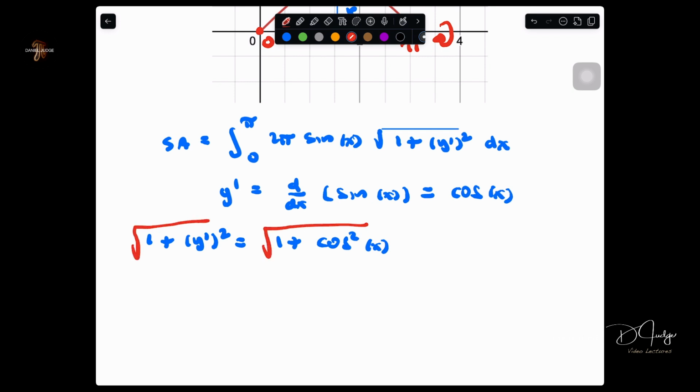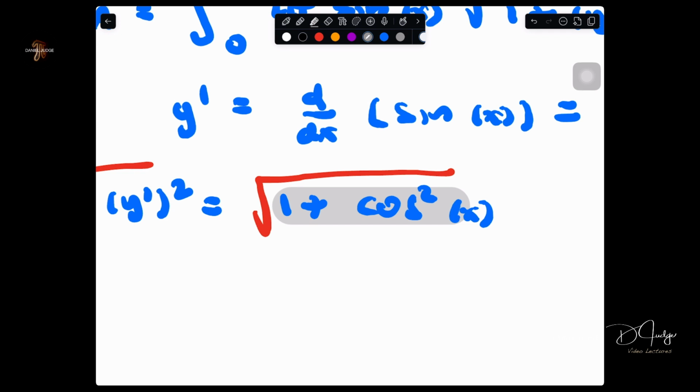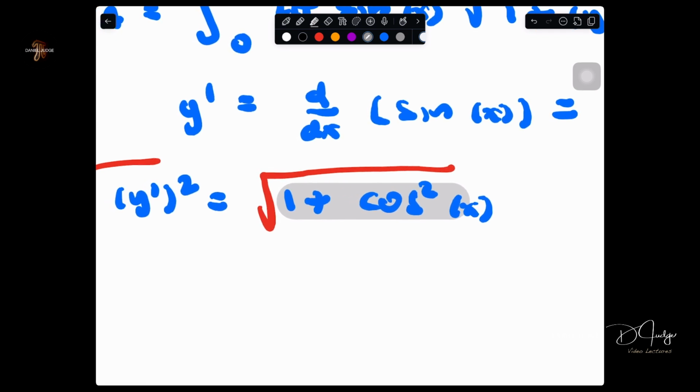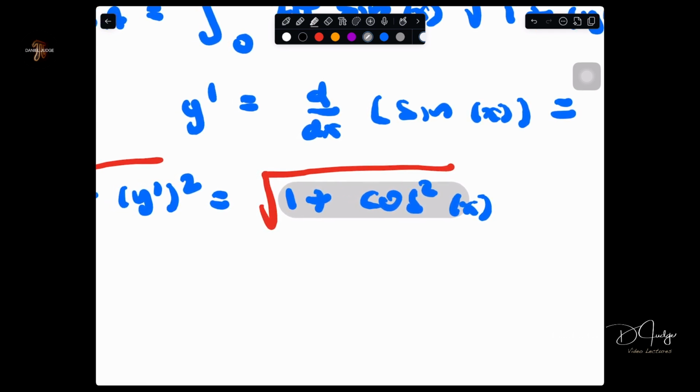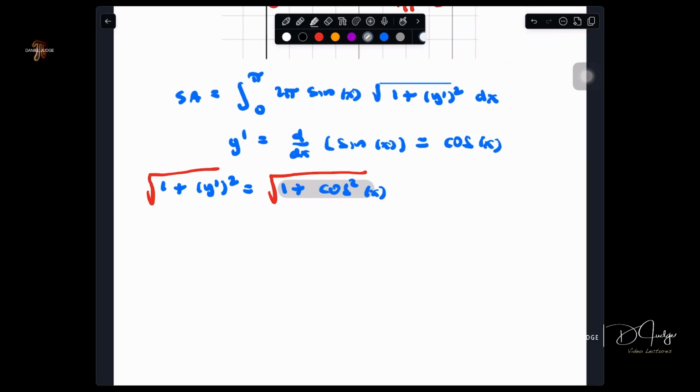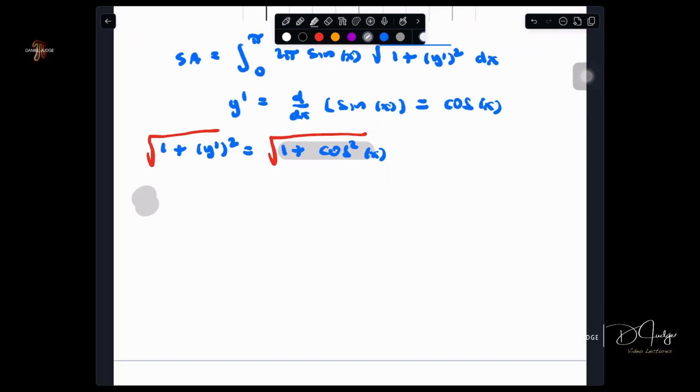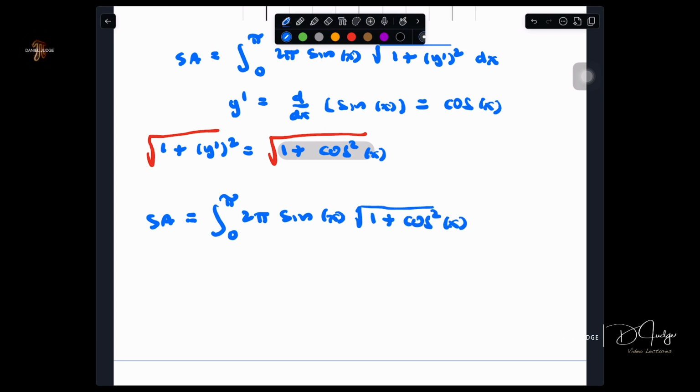Now, be careful here. In the past, some students think that this is a trig identity and that it can be replaced with sine squared. It is not a trig identity. Okay, 1 plus cosine squared is not sine squared. 1 minus cosine squared is sine squared. So this arc length, surface area, okay, we've got to remember here, we're working on surface area. It is going to be working with this integral.